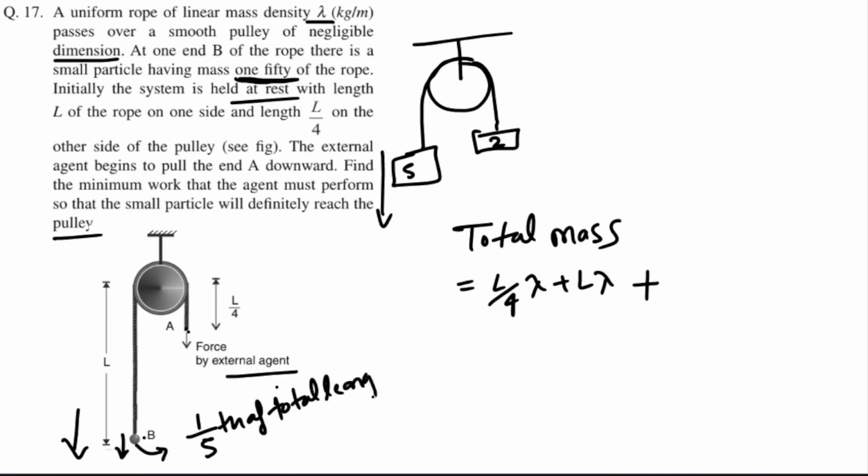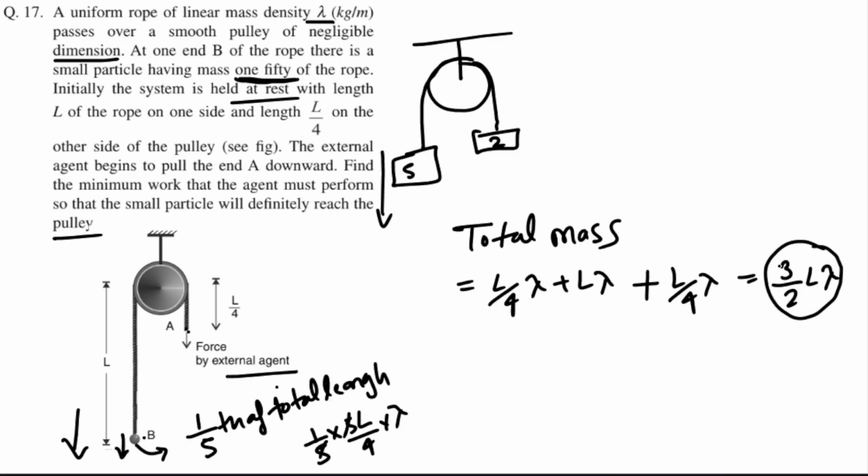And what is the total length? L by 4 plus L, that is 5L by 4. So 1 by 5 into 5L by 4 into lambda, right? So this will become L by 4 lambda. So the total mass of the system is 5L by 4 plus L by 4, so 6L by 4, and that will become 3 by 2 L lambda.